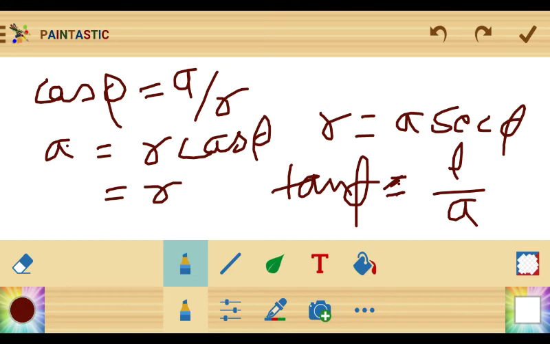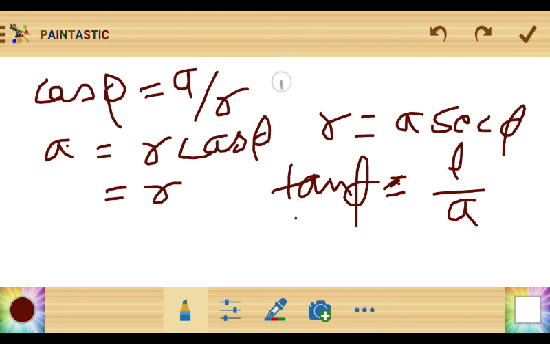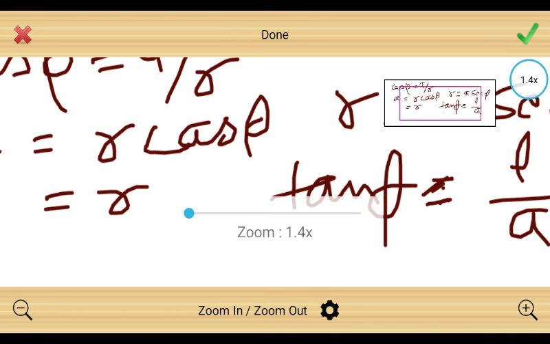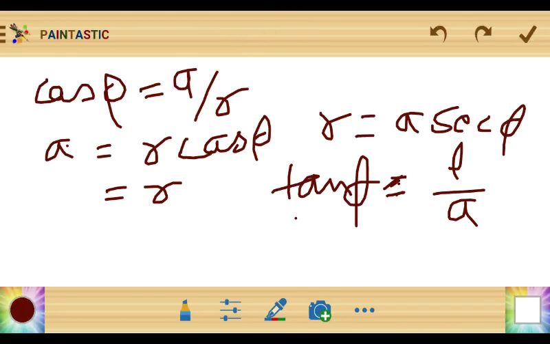From this you can simply get L is equal to a tan phi.